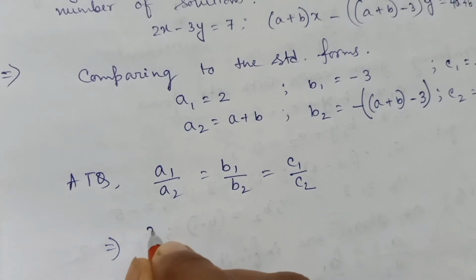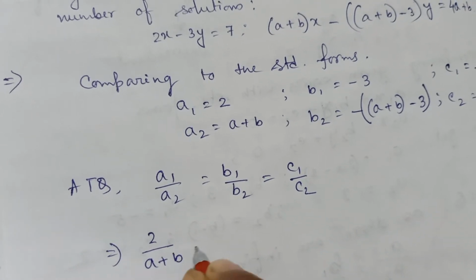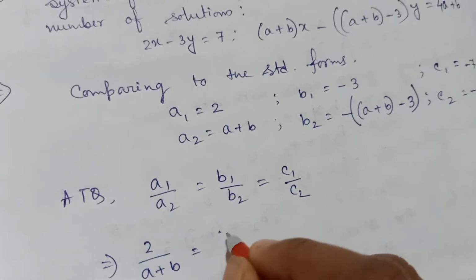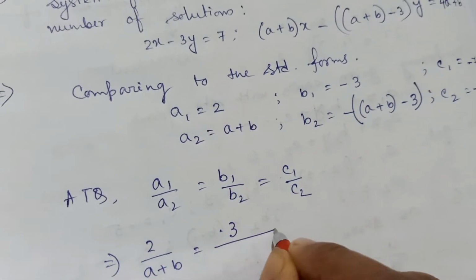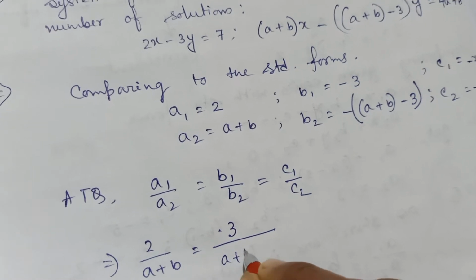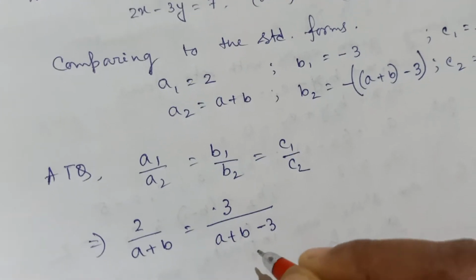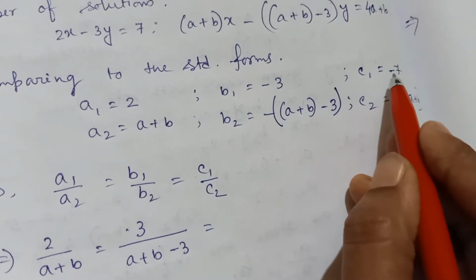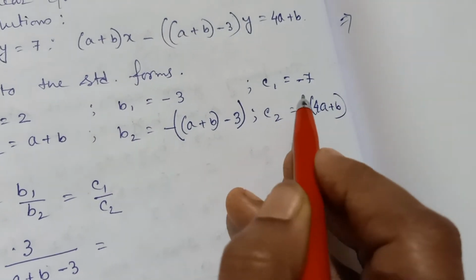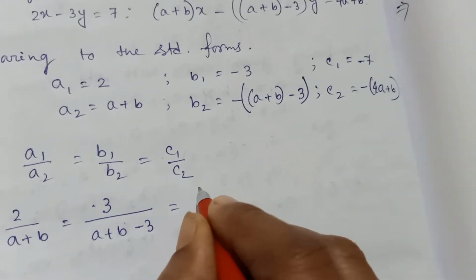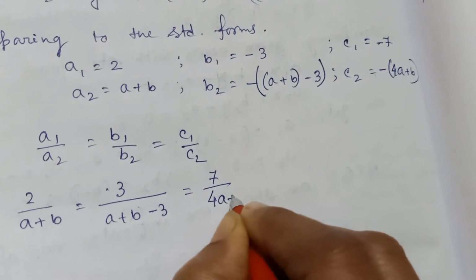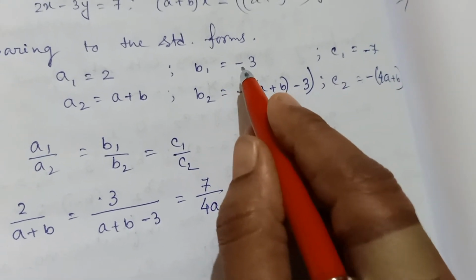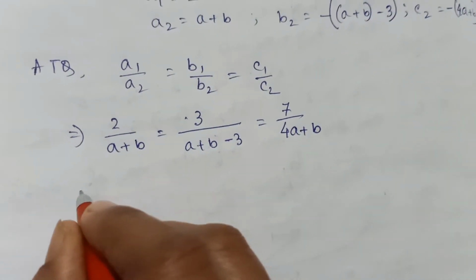That means 2 by a plus b equals, both minus, so we are not writing the minus, 3 by a plus b minus 3 equals c1 by c2, again both minus, so 7 by 4a plus b only. 7 by 4a plus b. Minus minus will get cancelled. Here also minus minus will get cancelled.